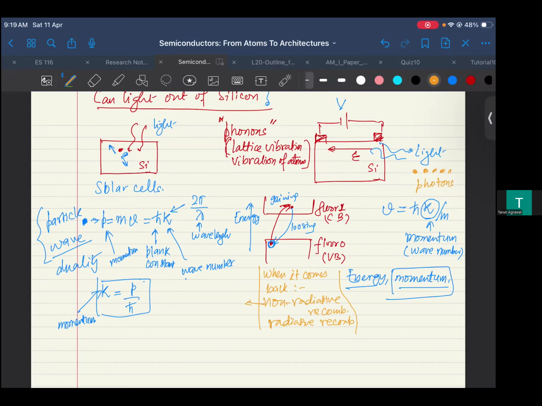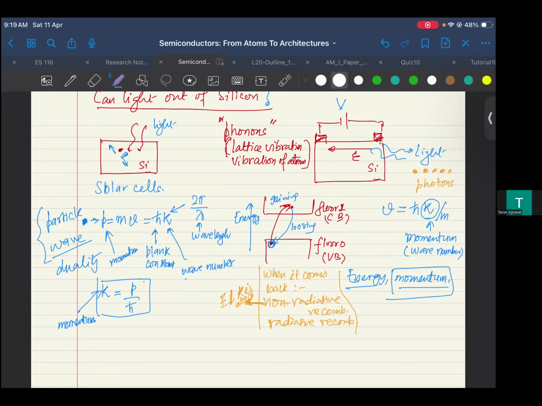See, in both you are losing energy, but what is happening in the non-radiative case is that the momentum of the electron is also changing. Energy is going down, but momentum k is also changing.